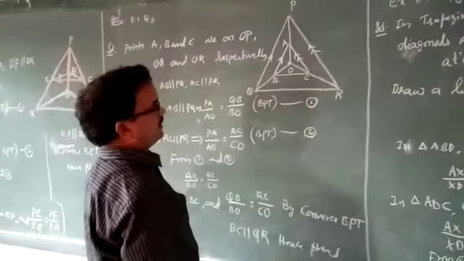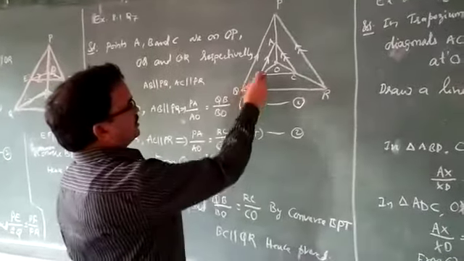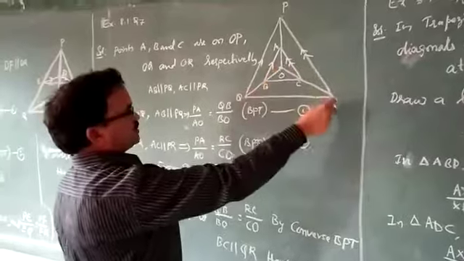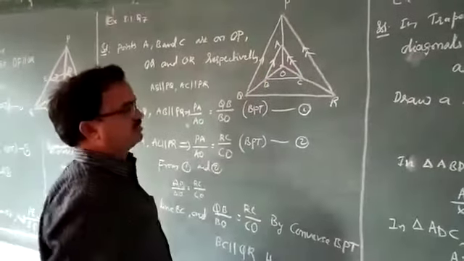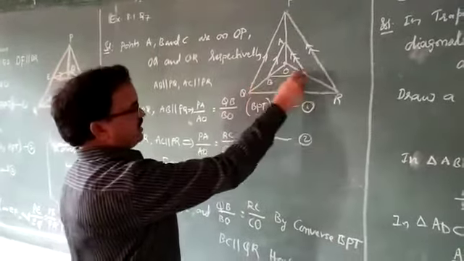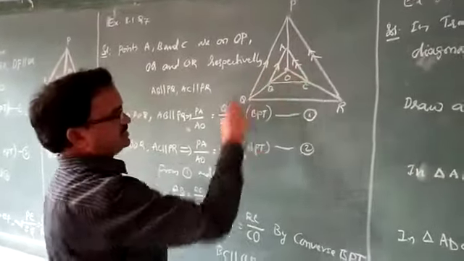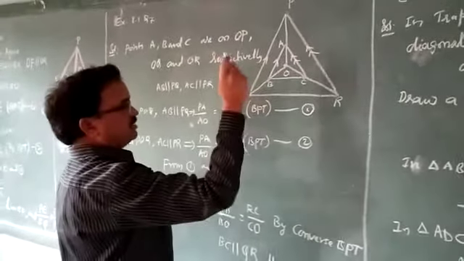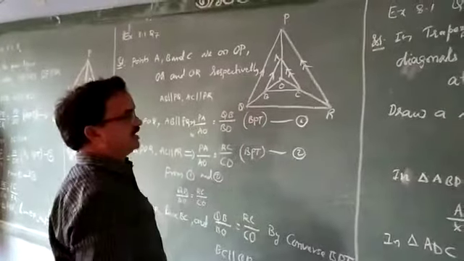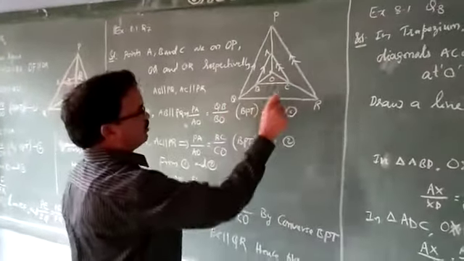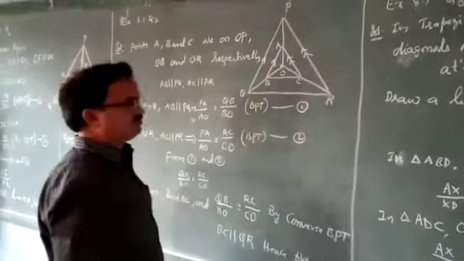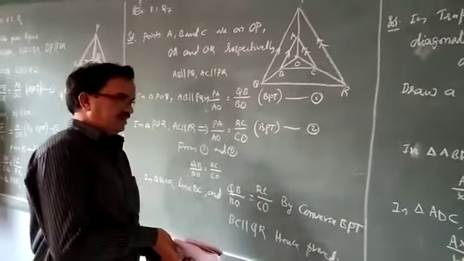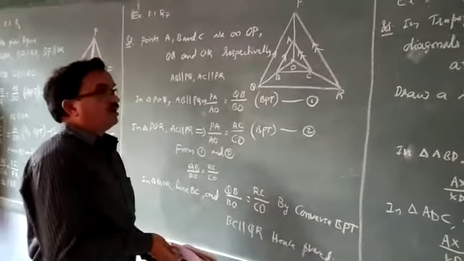A line divides two sides of a triangle in the same ratio, so it is parallel to the third side. BC is parallel to QR from converse BPT.